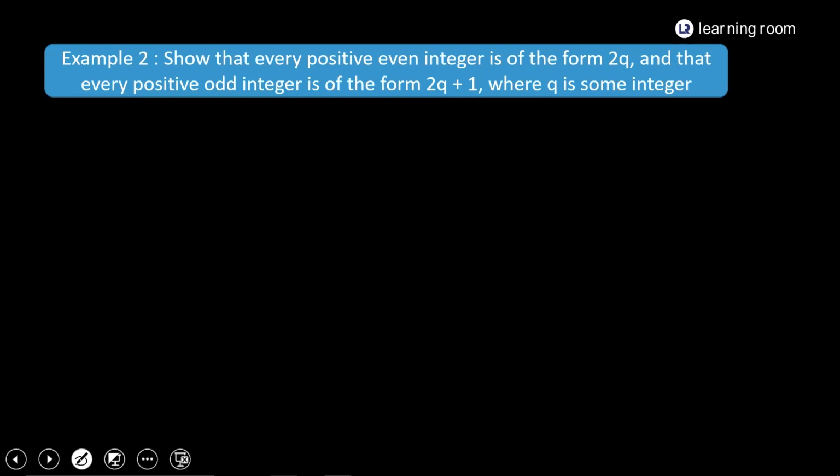So what does Euclid's division lemma say? If a and b are two positive integers, we can express a is equal to bq plus r, right? Let's consider b is equal to 2. So a is equal to 2q plus r.